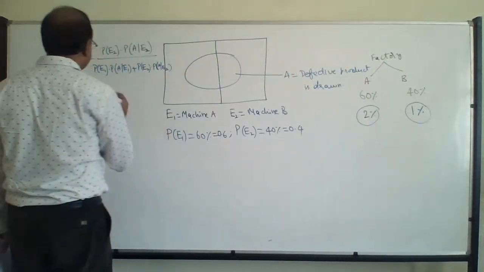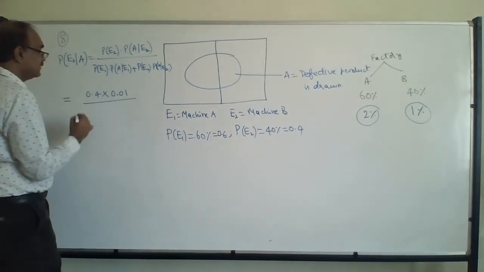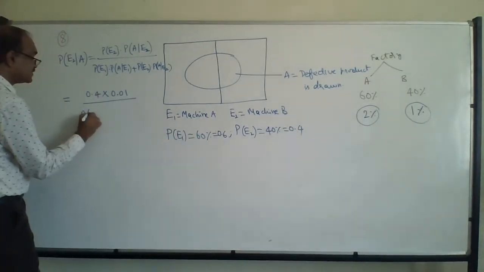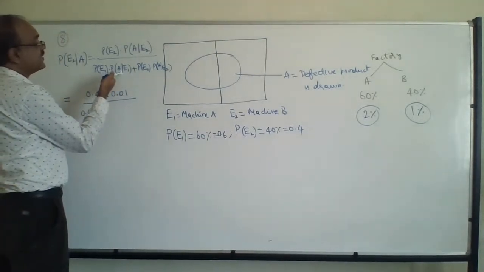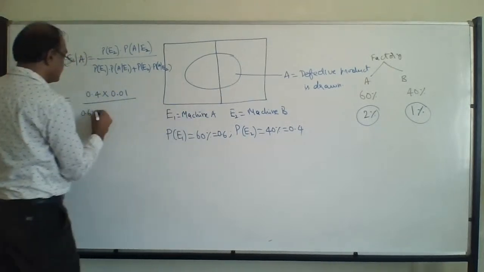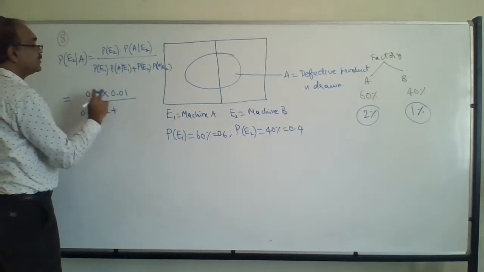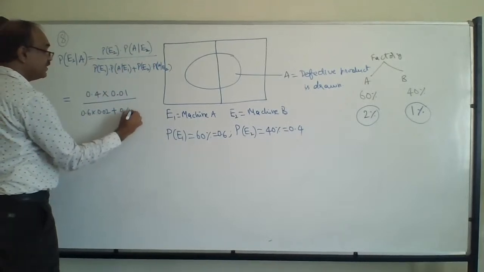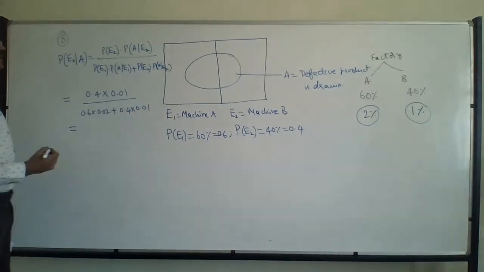So 1% means 0.01, divided by probability of E1, that is 60%, 0.6, into, the product coming from machine A being defective, that is 2%, 0.02, plus probability of E2, same thing here, 0.4 into 0.01. Just simplify this. Whatever you get is the answer.